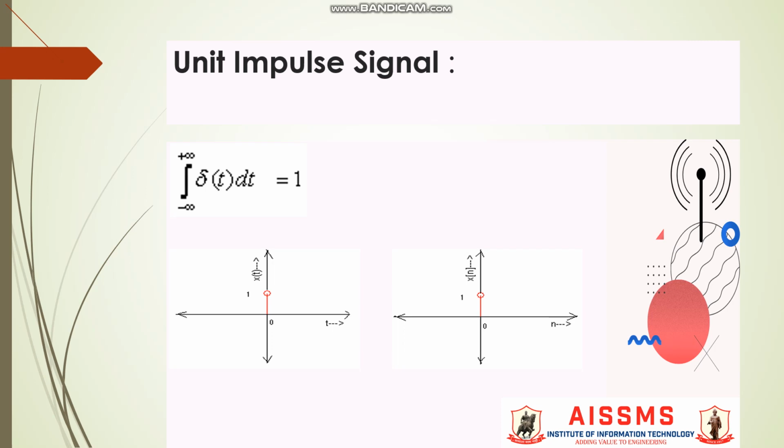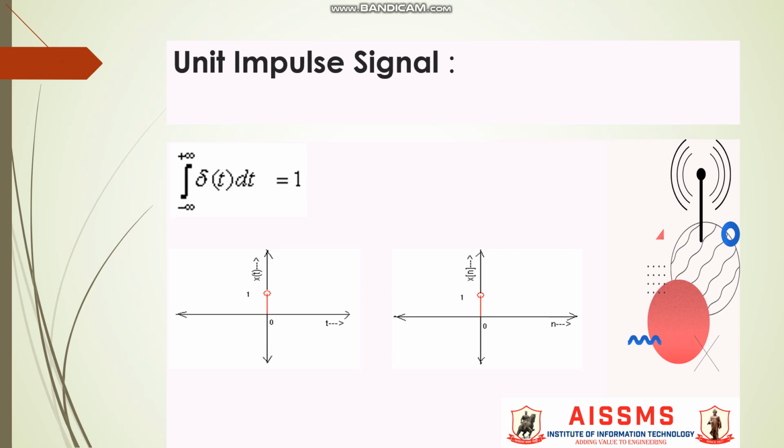As t reaches 0, del of t reaches 1 and the delta function is said to be unit impulse. In other words, unit impulse in CT is defined as a signal of value unity at t equal to 0 and 0 for all other values of t.